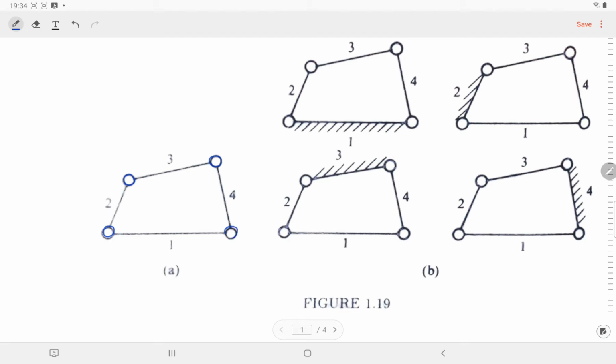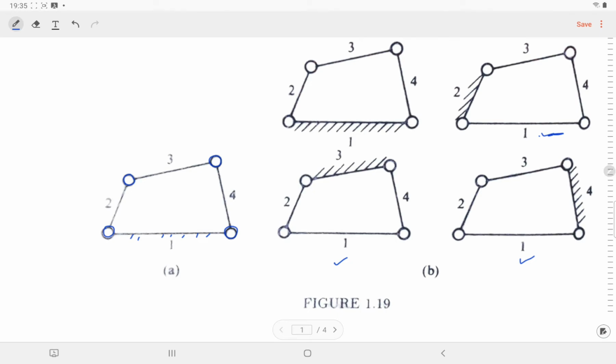Now in this one, if I fix this link, then I will get one mechanism. Instead of this, if I fix link 2, then I will get this mechanism. Similarly, by fixing link 3, I will get this mechanism, and by fixing 4, I will get this mechanism.